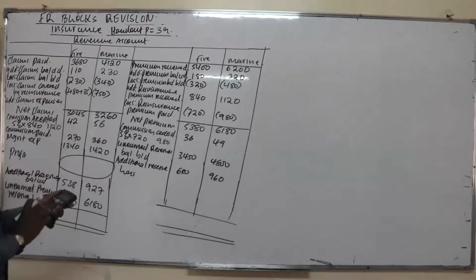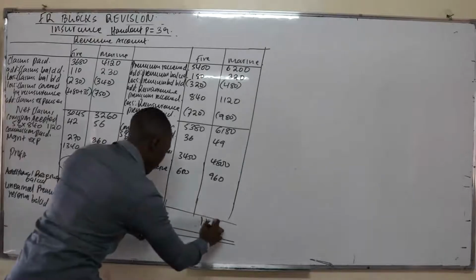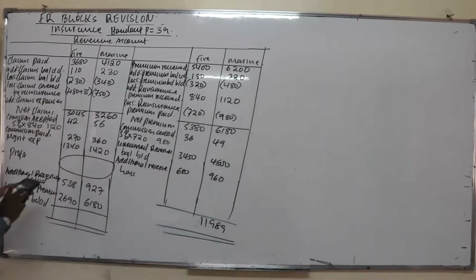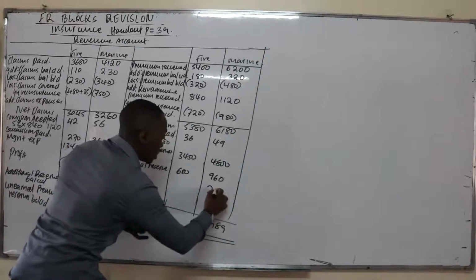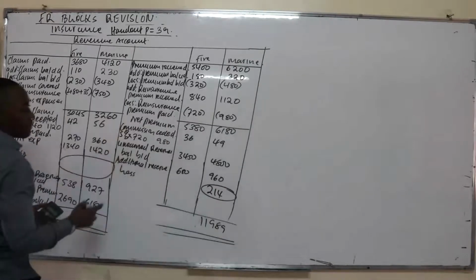So we have 11,989. So this one, I'm getting a loss, 214. The balancing figure is on the credit.